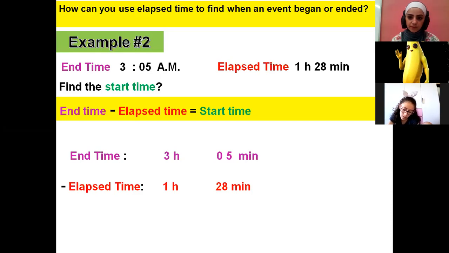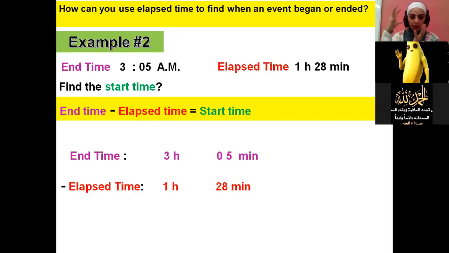Can you take away 28 from 5? No. So what do we do in this case when we can't subtract the minutes? In subtraction, when you can't subtract a number, what do we do? We borrow, right?